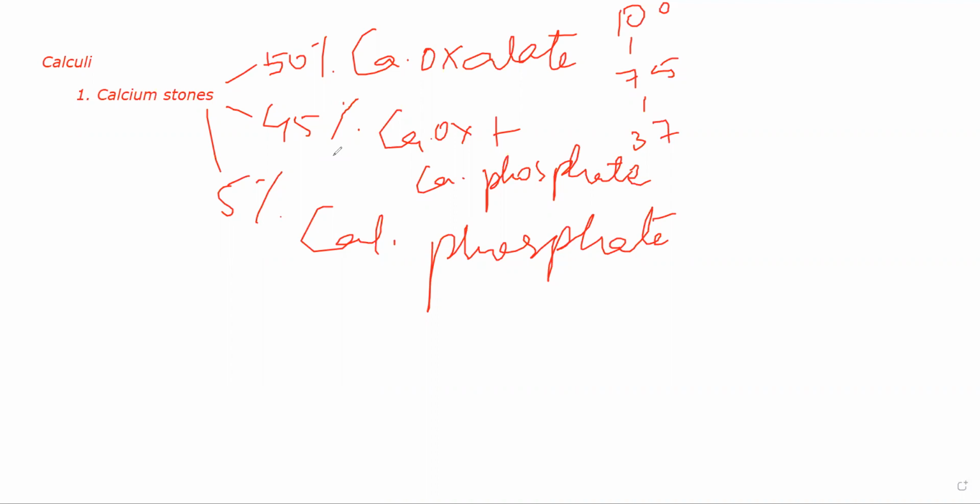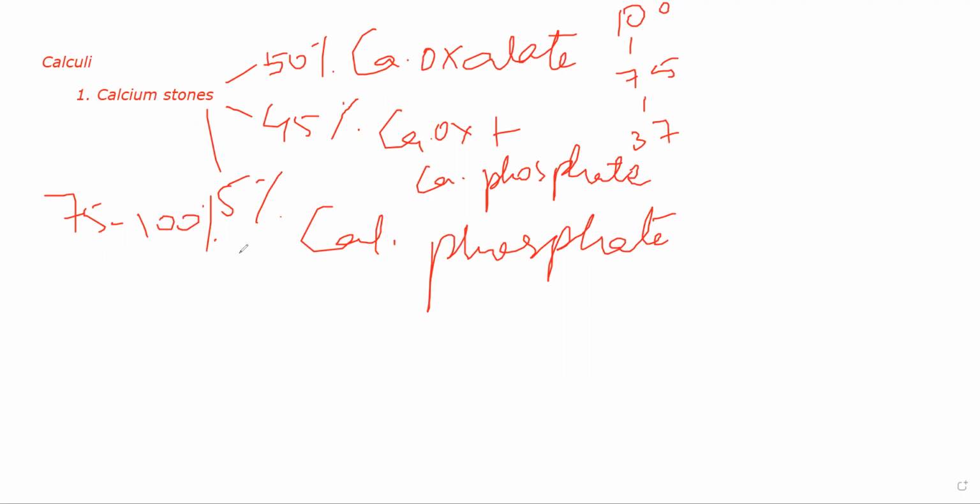Now, supposing that 75 is 100%, of those patients who have calcium stones, 50% will have calcium oxalate stones, 45% will have calcium oxalate plus calcium phosphate mixed stones, and 5% will have only calcium phosphate stones.